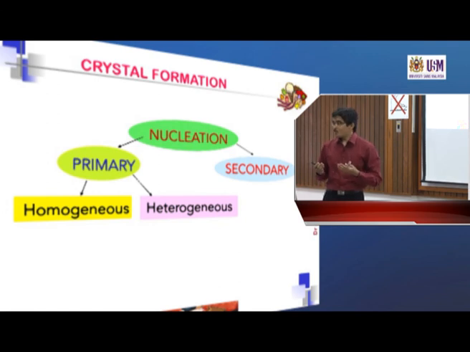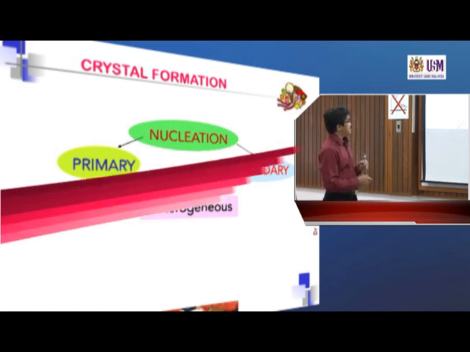Because as we know, food is not homogeneous. Yeah? But heterogeneous is more common. Secondary nucleation, I will explain later.